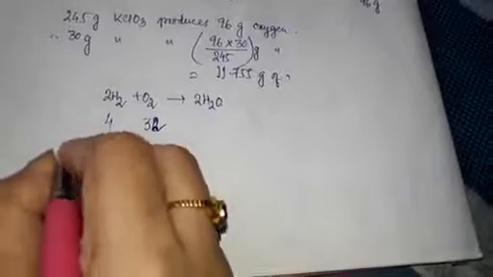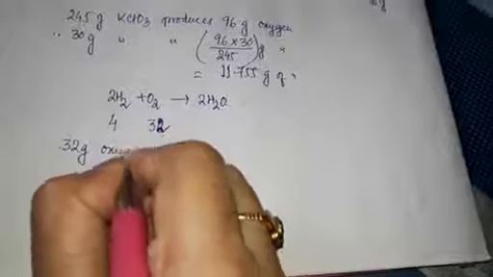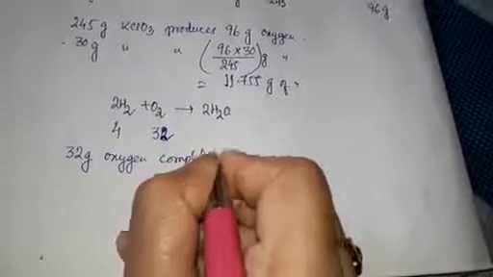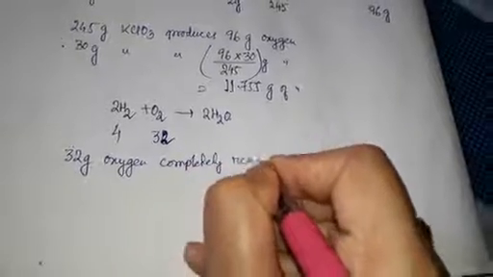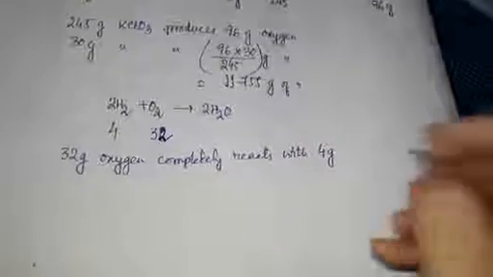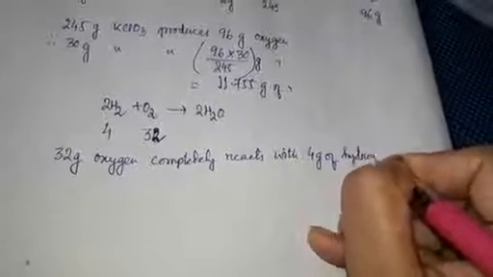So we have to determine how much hydrogen reacts completely with 11.755 grams of oxygen. By the unitary method we can easily determine.